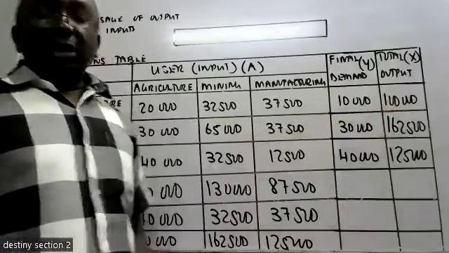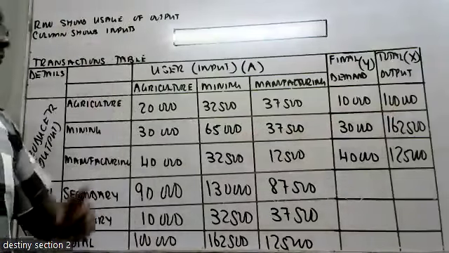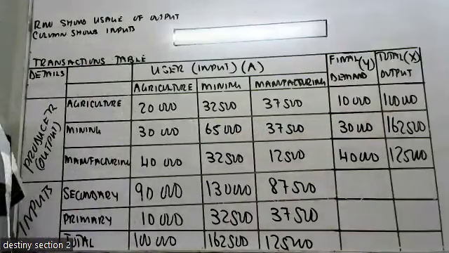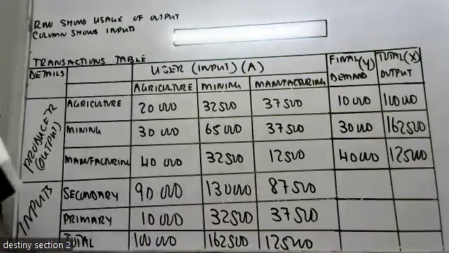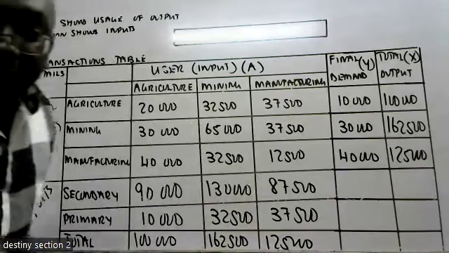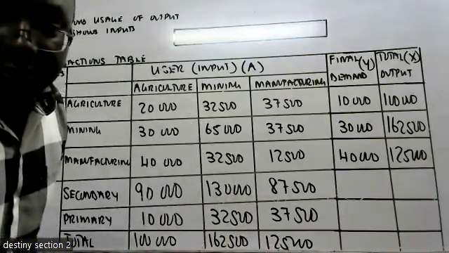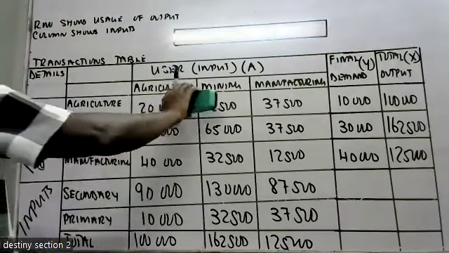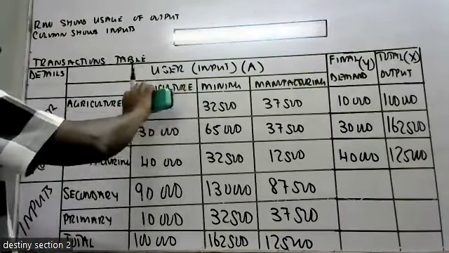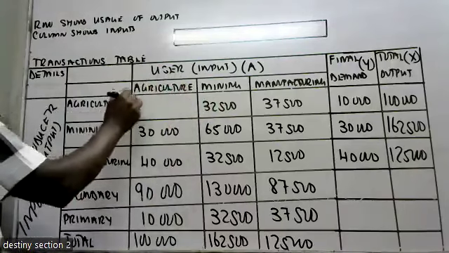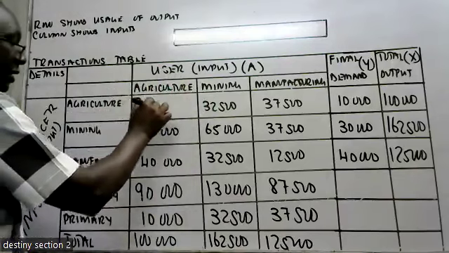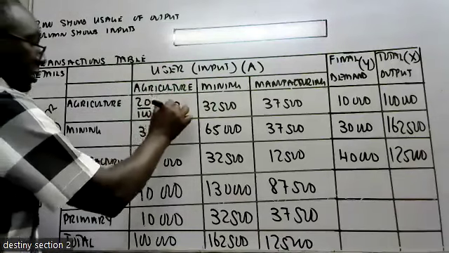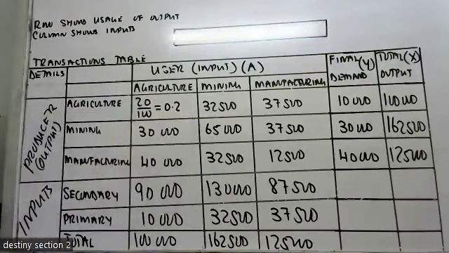So how many do they require so that they make 1? Yes, Christy, good. It is 20, you divide by 100. That is 0.2.